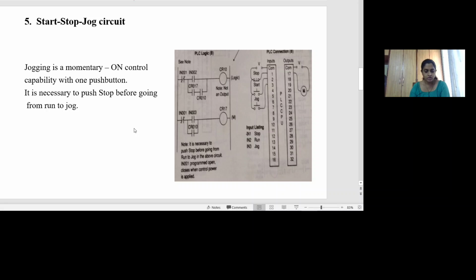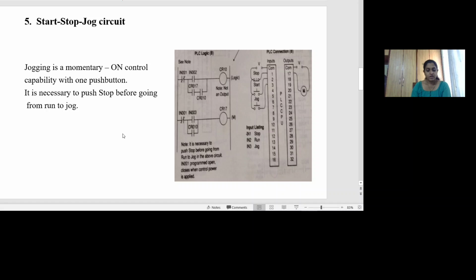So jogging or inching of a motor means having smaller movements of the driven machine, so the motor runs at a lesser speed. Jogging is also defined as a brief closure of the motor logic circuit to energize a motor for a short period of time and perform small movements of the driven machine.